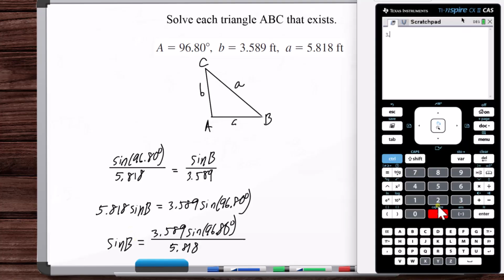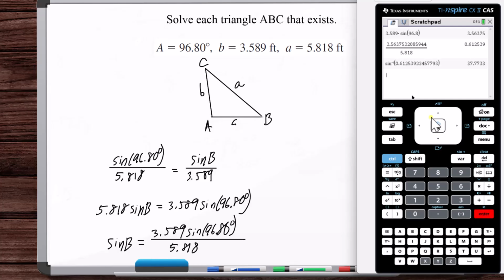So 3.589 sine of 96.8 divided by 5.818. There you go, less than 1. So now let's take the inverse sine of this.